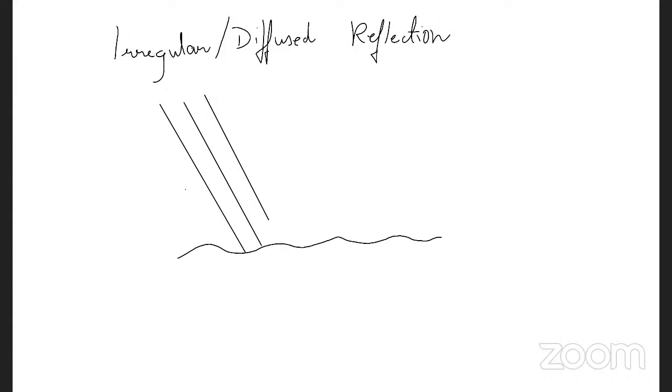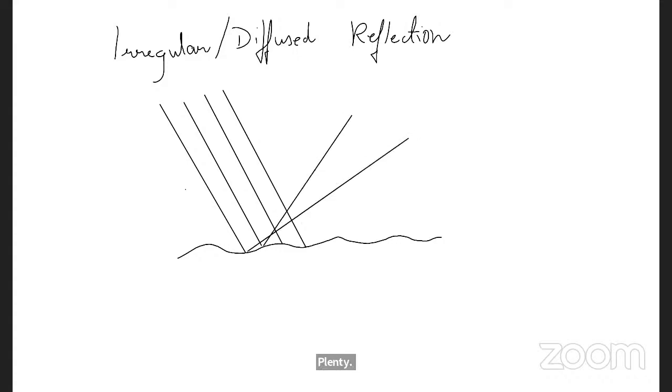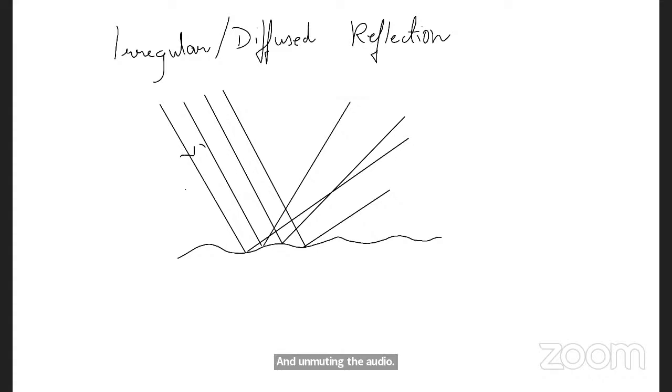In water, the light will bend, but it won't reflect. It will reflect, but in an uneven way, like this. This is the incident ray.